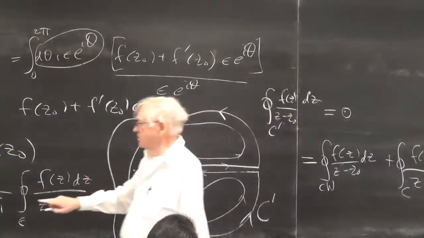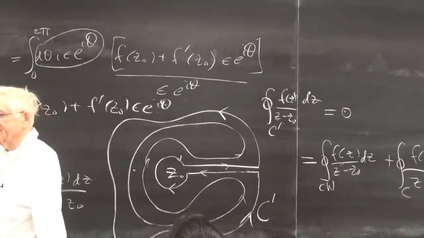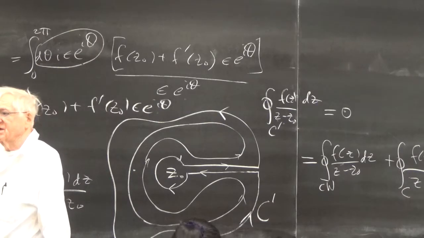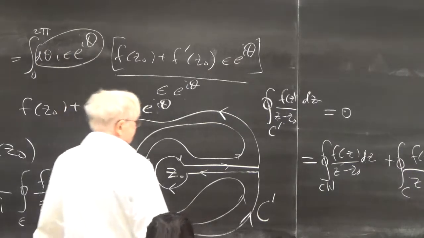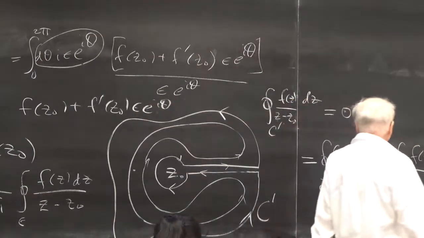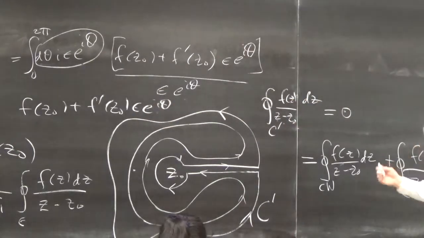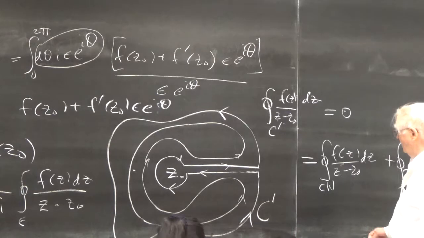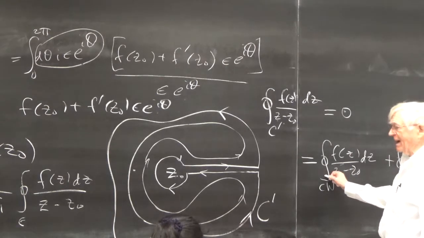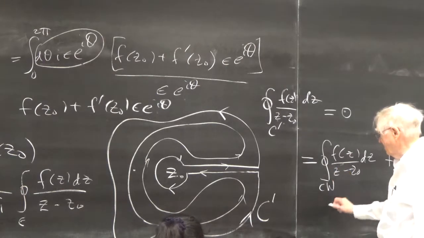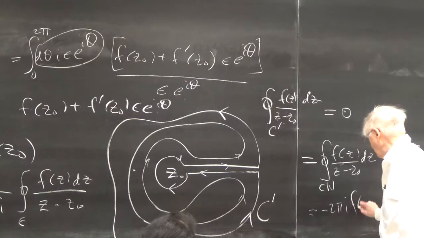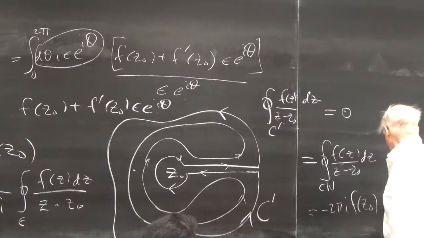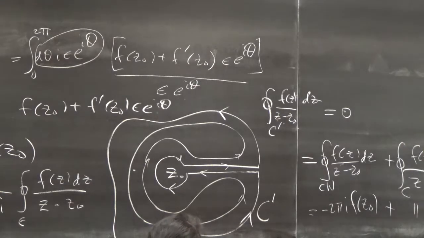This is equal to 2 pi I times f of z0 because it's the tiny integral. This is an example of the miniature Cauchy integral theorem. But it's going backwards, so it's minus. So this is equal to minus 2 pi I f of z0 plus this integral.